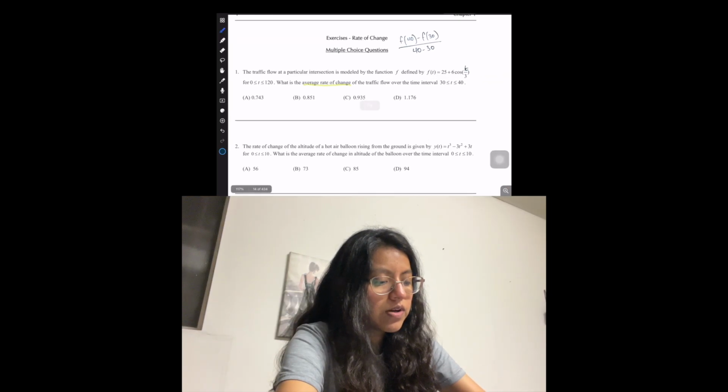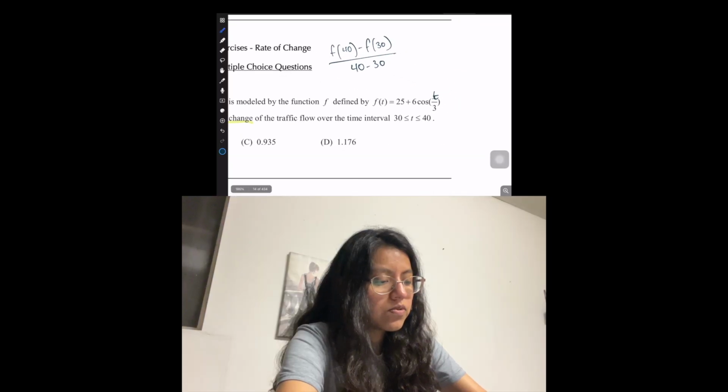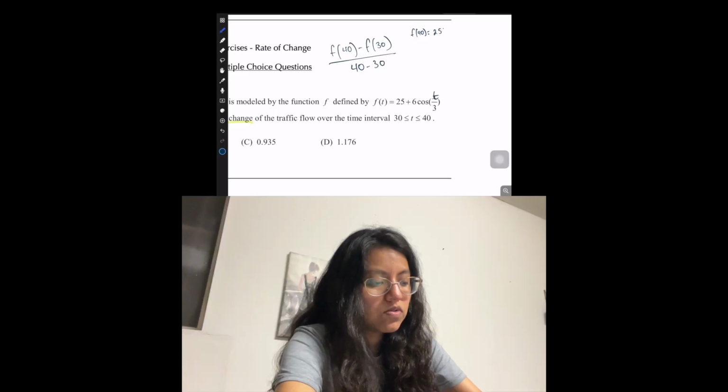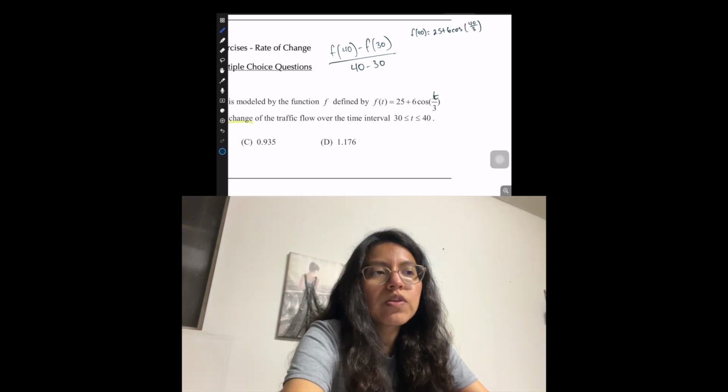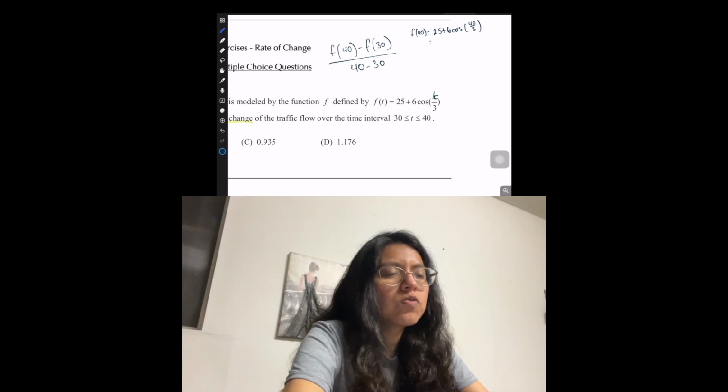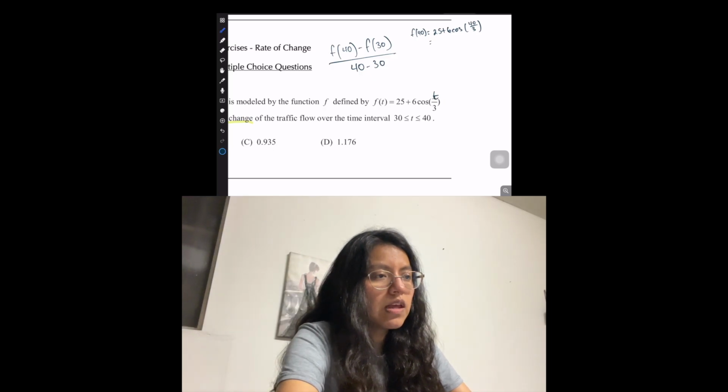So f of 40 equals 25 plus 6 cosine 40 over 3. Since we're measuring it with cosine, let's make sure that we're using radians. Once you plug that into the calculator, it's going to be roughly 29.3205.